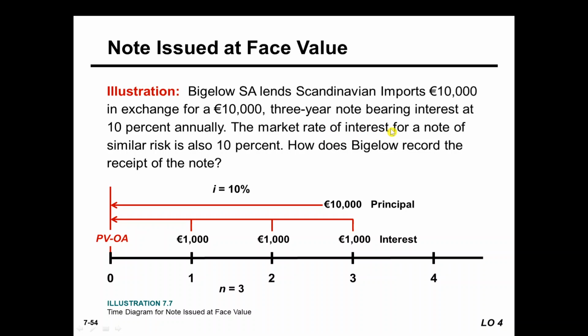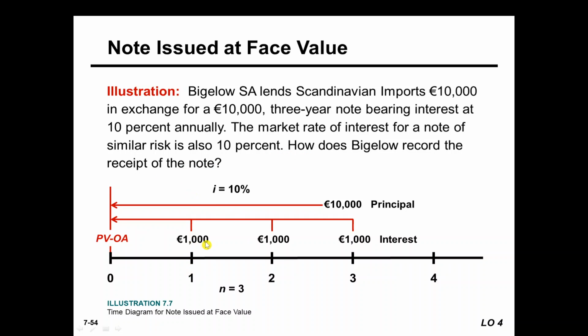The market rate of interest for a note of similar risk is 10%. So the interest rate and the market rate are the same, and there will be no premium or discount. How does Bigelow record the receipt of the note?